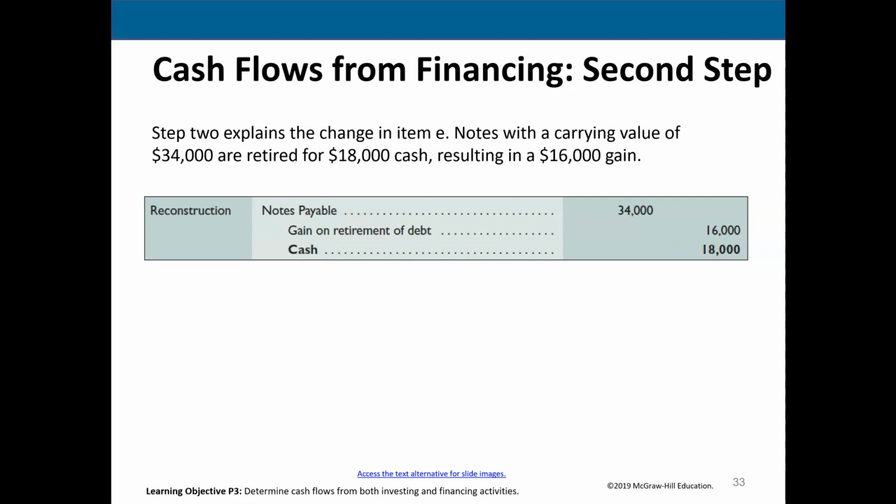Okay, so we have a note with a carrying value of $34,000 retired for $18,000 cash. So they have a note for $34,000, but it's retired at $18,000, which gives them a $16,000 gain. They owe $34,000, but it's being settled for $16,000. And then cash is $18,000.